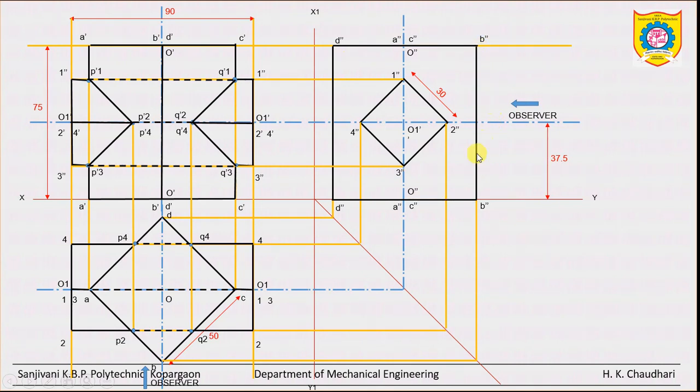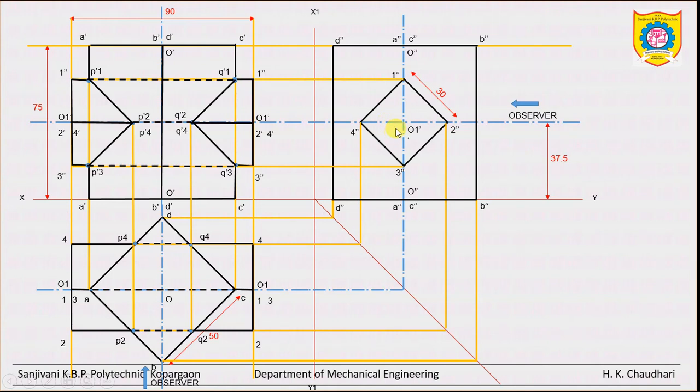And now see this 1, 2, 3 and 4, it is actually the hole made in the vertical prism. So this edge A and C, they are appearing up to point number 1 from the top, clear, and from the bottom up to point number 3, and inside there is a hole.